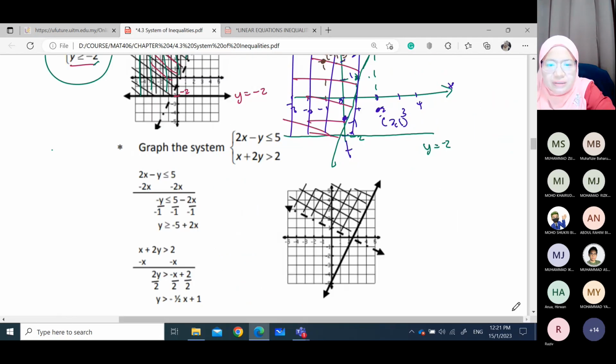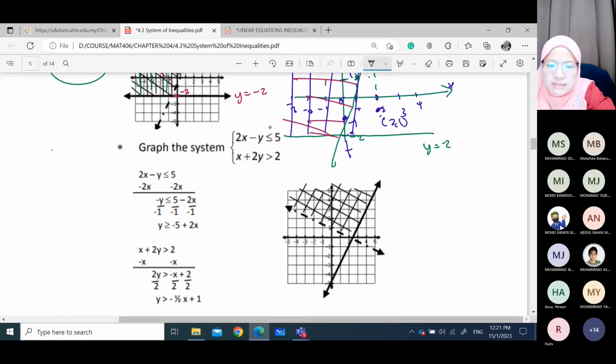Alright, nah ini yang kedua. So we have this graph systems 2x minus y less than or equal to 5. So x plus 2y greater than 2. Okay, so the equation is based on 2x minus y equals to 5 and the other one is x plus 2y equals to 2.